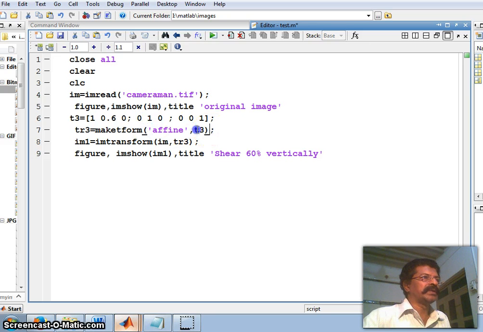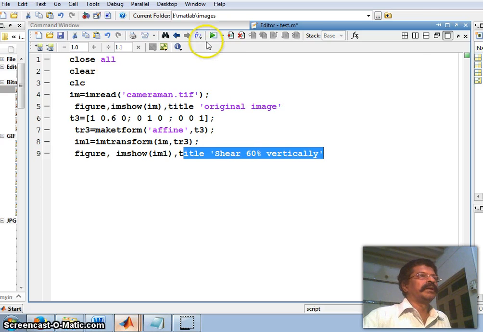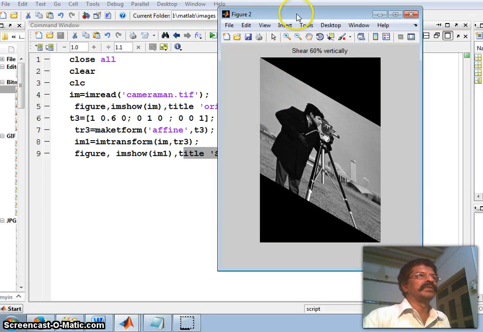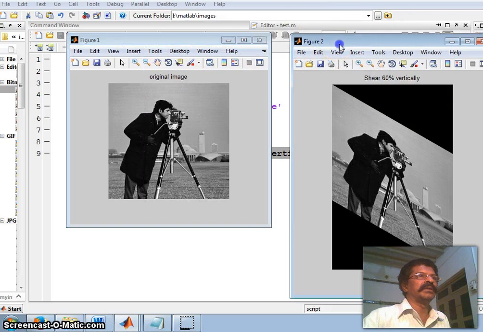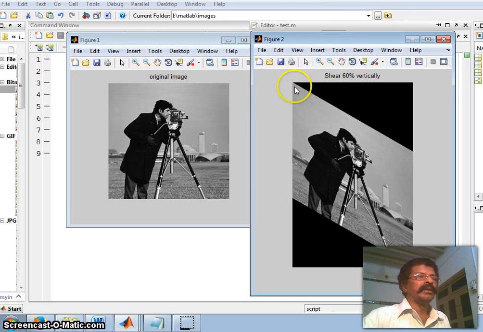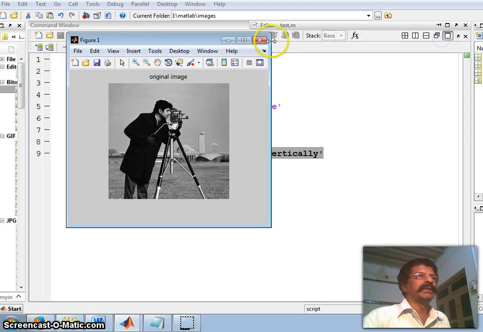First I make a transform, then I apply the transform on the image and show the transformed image. Let us run this. See that this is sheared 60% in the vertical shearing along y. That completes the shearing.